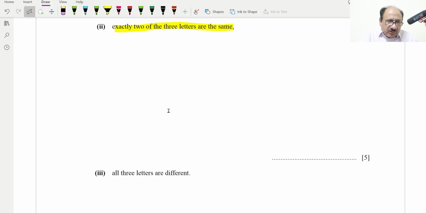It can be the possibility that it is, for example, S and S, and the third can be any of the rest, and it can be the possibility that it is I and I, and the remaining one will be any of the rest of the letters.